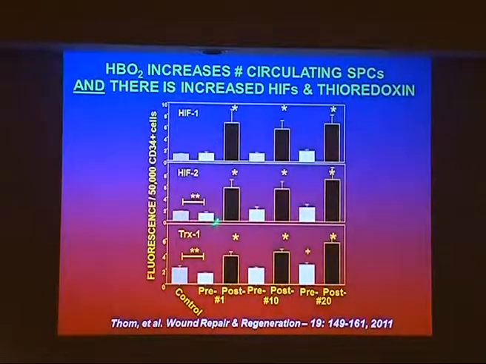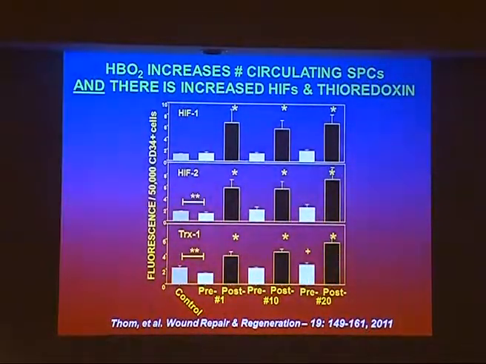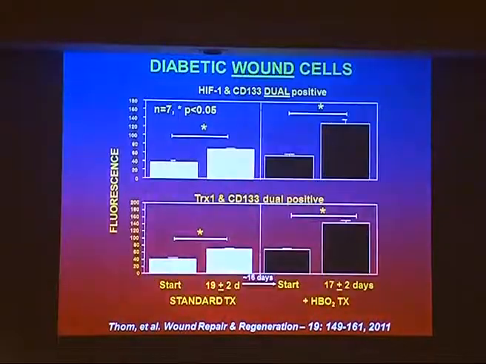So we're looking at these proteins discretely just in the circulating stem cells. Controls before and after the first, the 10th, and the 20th hyperbaric treatments, and we see this elevation. So we're seeing increased numbers and also markedly higher levels of the regulatory proteins which are critical to improve function of the stem cells. And it's all an oxidative stress response.